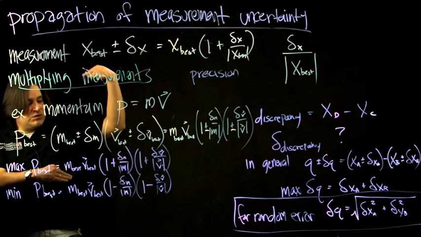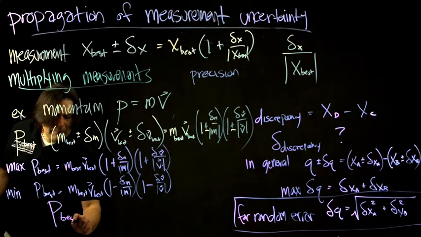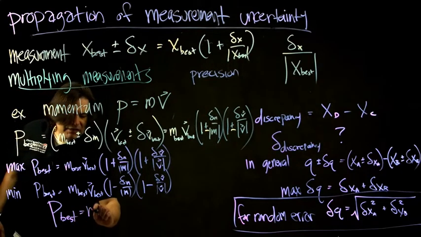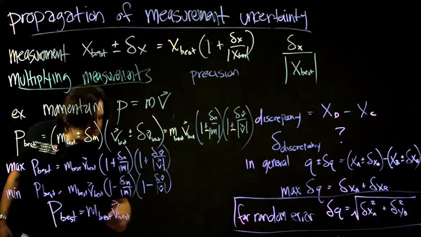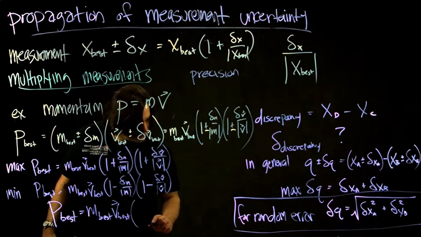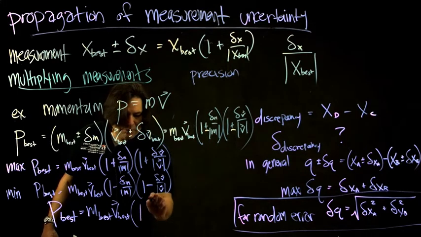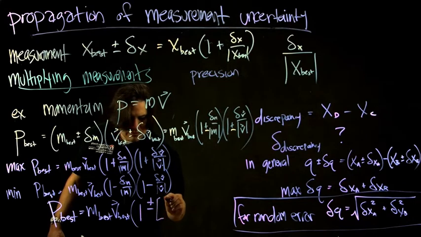The distance between those is the same as saying that this best measurement, which is this equation multiplying the two measured values together, has an uncertainty from doing that of 1 plus or minus these fractional uncertainties added together.